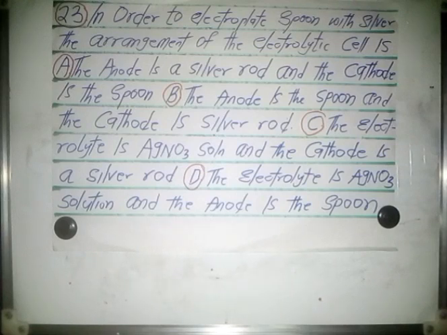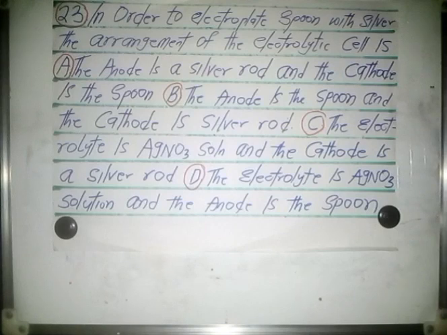So in electroplating, you should know that the electroplating material is the anode, while the object to be electroplated is the cathode. So that when current is run through it, the anode dissociates and it gets to be deposited on the cathode.